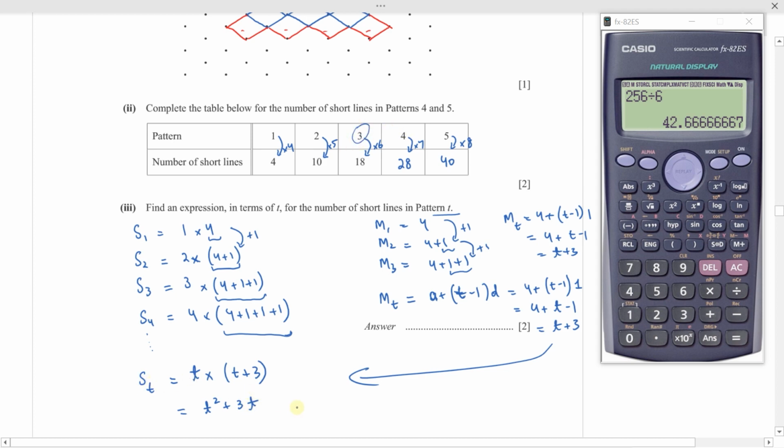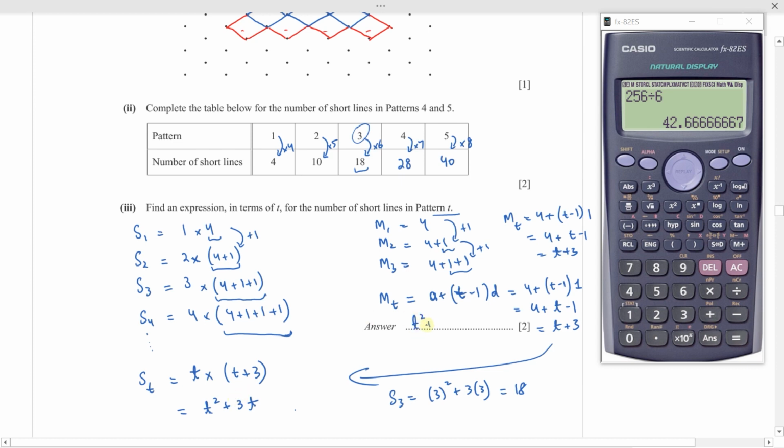So if I substitute 3 here, let me find S3. If I substitute 3 square plus 3 into 3, so 3 square is 9, and 9 plus 9 is 18. So this is 18. Similarly, if you substitute 5, you will get 40 here. 5 square is 25, and 25 plus 15 will give you 40. So this is an expression for the number of short lines in pattern number t.